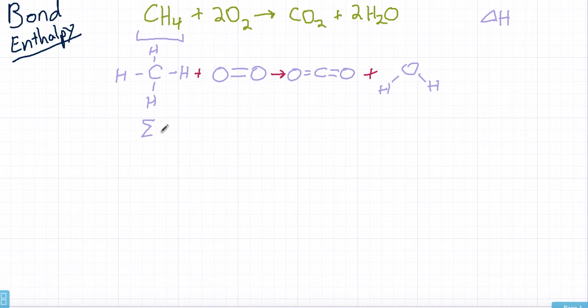So you've probably seen it, it's just a sigma sign, means you're adding up all of your reactants first. Reactants minus the summation of all of your products.